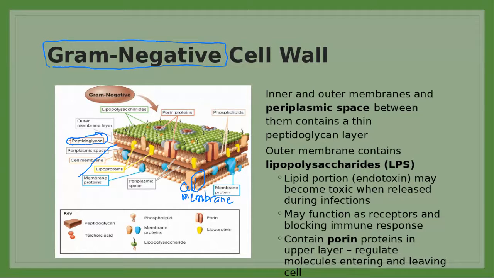So basically, this gram-negative bacteria has 3 layers in its cell envelope: the protein layer, the outer membrane, then the cell wall and the cell membrane. So 3 layers over here: 1, 2, and 3.